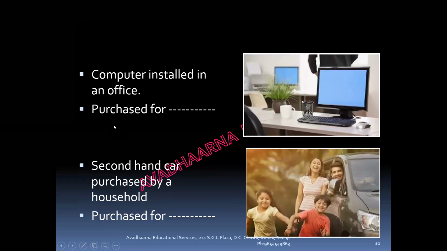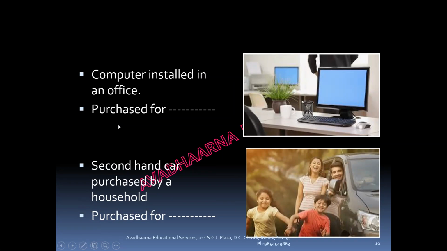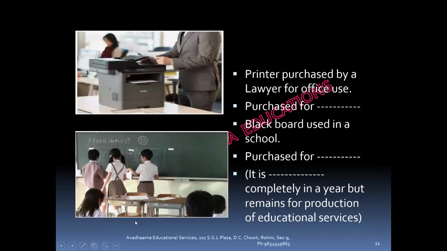A computer installed in an office is a final good because it is purchased for investment. A second-hand car purchased by a household is also going to be a final good. It is going to be purchased for consumption. A printer purchased by a lawyer for office use is going to be a final good because it is purchased for investment.